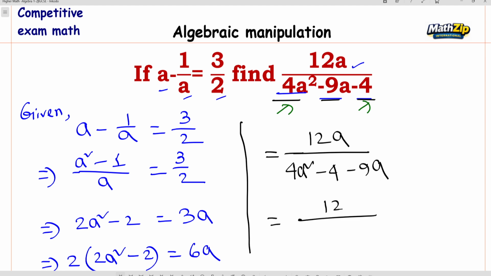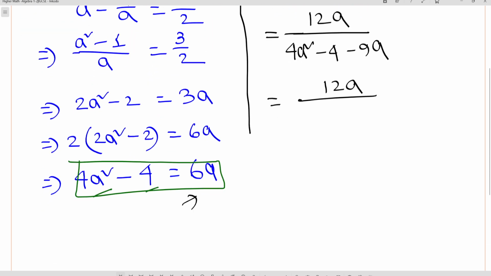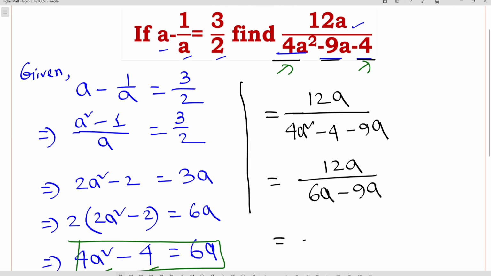Now against 12a, in place of 4a square minus 4 we can write 6a, minus 9a. Now look, 6a minus 9a will be minus 3a.